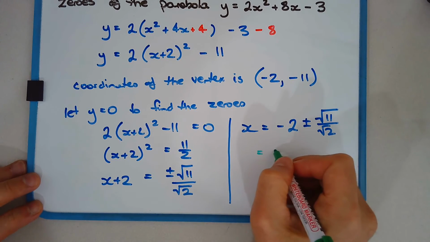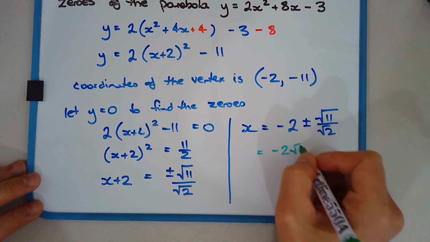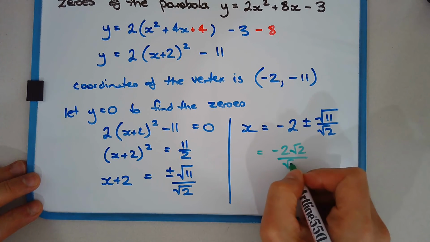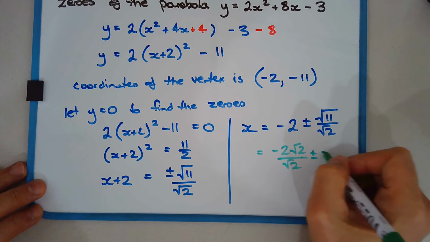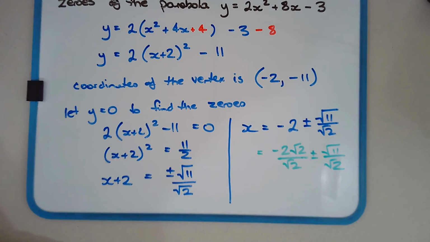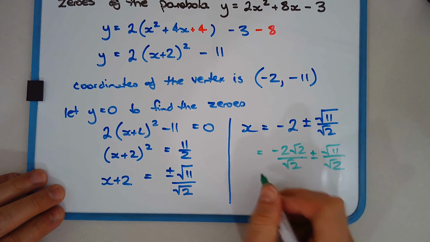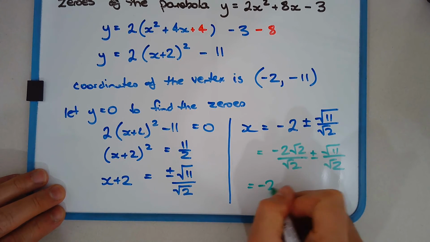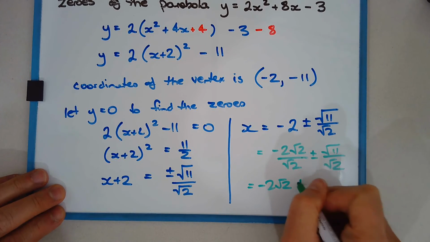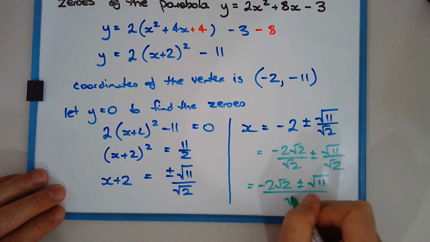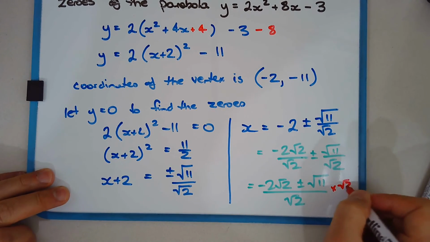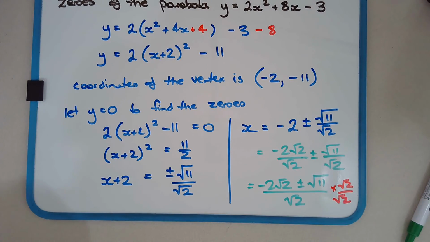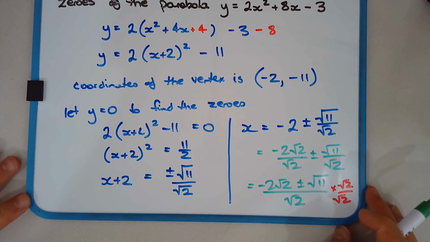So that's going to be negative 2 root 2 on root 2, plus or minus root 11 on root 2. I might just show an extra step here. That's equal to negative 2 root 2 plus or minus root 11 over root 2. And if we multiply top and bottom by root 2, we've rationalized the denominator.